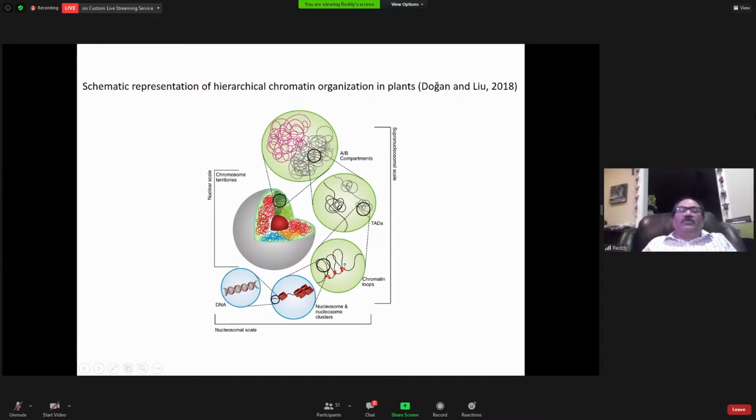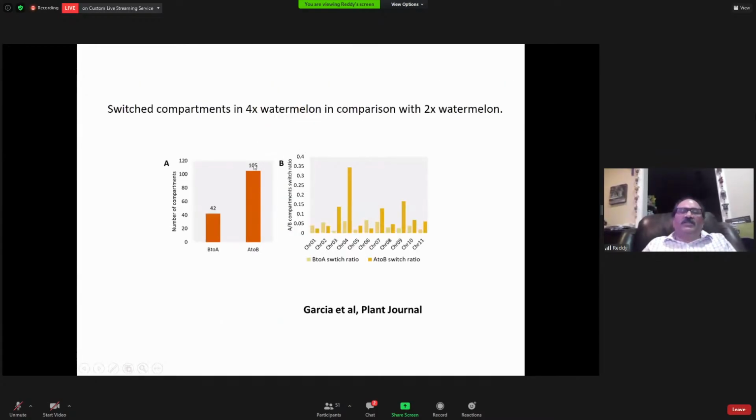But the heterochromatin is the silent stage and the euchromatin is the active stage. So the genes are switching from heterochromatin to euchromatin stage. We identified that kind of switching, that is B to A, heterochromatin to euchromatin, or euchromatin to heterochromatin, and how the switching happens across the chromosomes. So all these different processes, the expression, methylation, and how these chromosomal interactions happen between the diploids and tetraploids, explain why the tetraploids have superiority in comparison with the diploid.